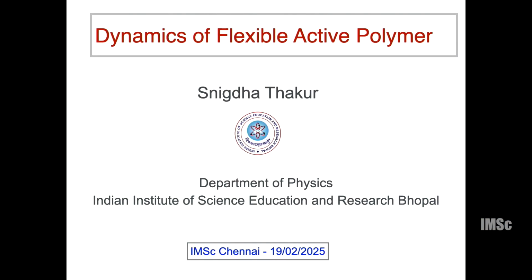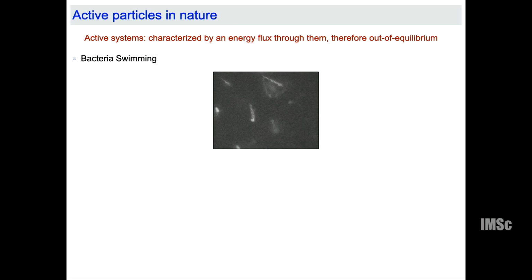So I'm going to talk about the flexible active polymer, and to give you an idea of active systems. So far we have talked about this condensation formation, this coil to globule transition, in the context of electrostatics most of the time. We had polymers which were mostly charged, and the charge was playing a very crucial role in forming these transitions from the coil to globule state.